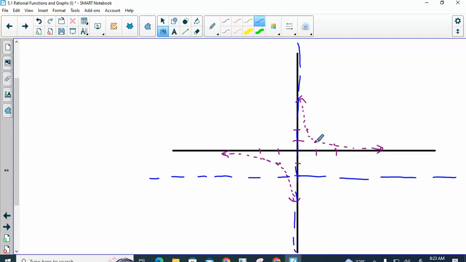Alright, so if I take a point, when I flip it, where did that go? It just goes across the x, so it's down here. And then I have to go down 2.